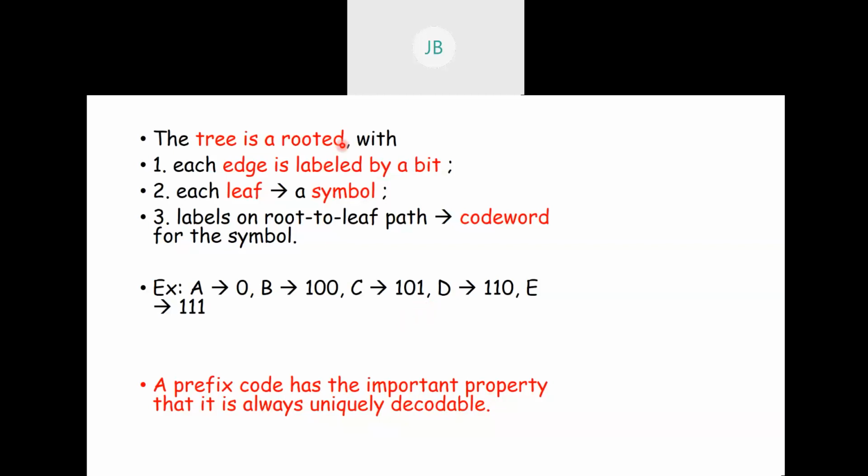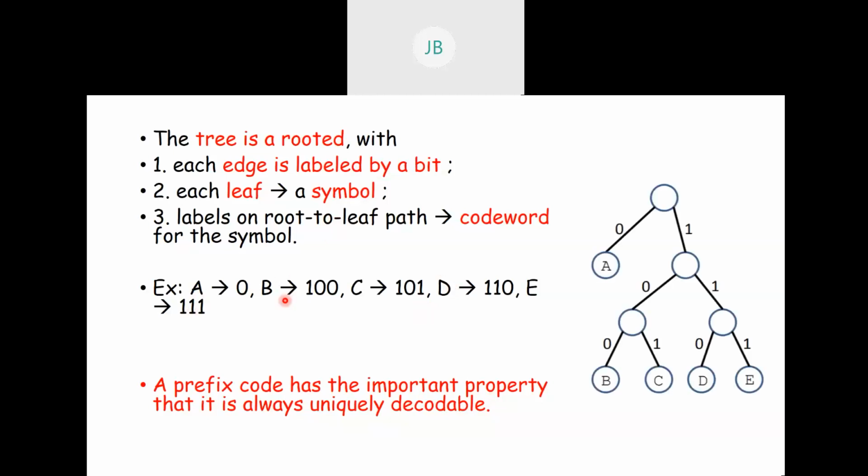Okay, we will use these 3 steps for this particular example and construct a tree. So the first step here, we have shown all the steps here. For example, this is the root of the tree. From the root of the tree, we are going to write the branches or edges. One of the edges will be labeled as 0 and another edge will be labeled as 1. And then the edge will end with a leaf here.